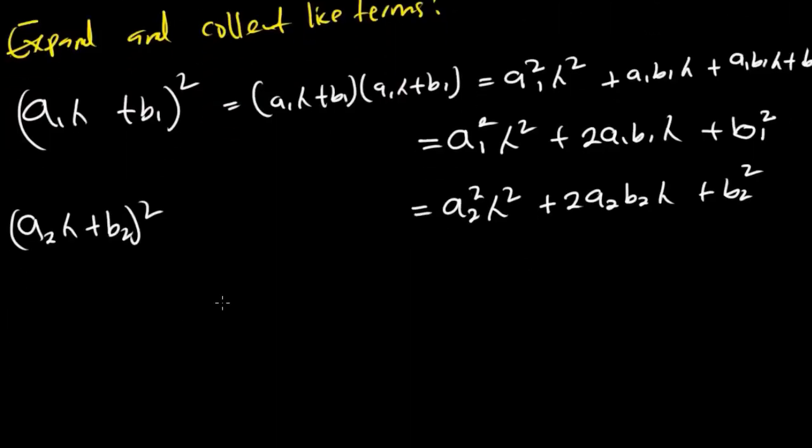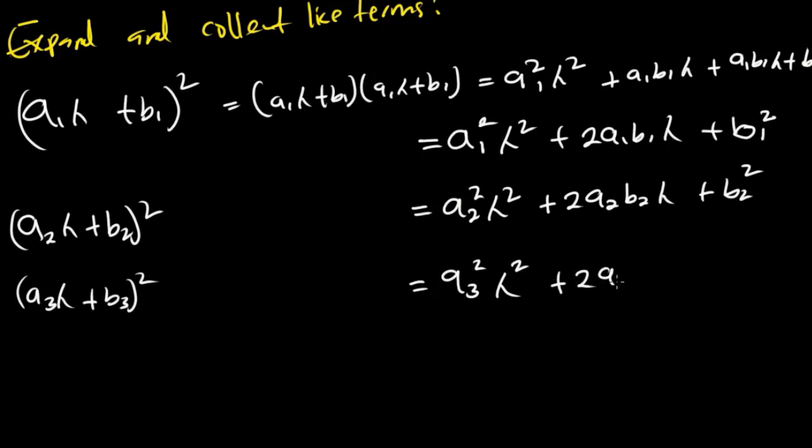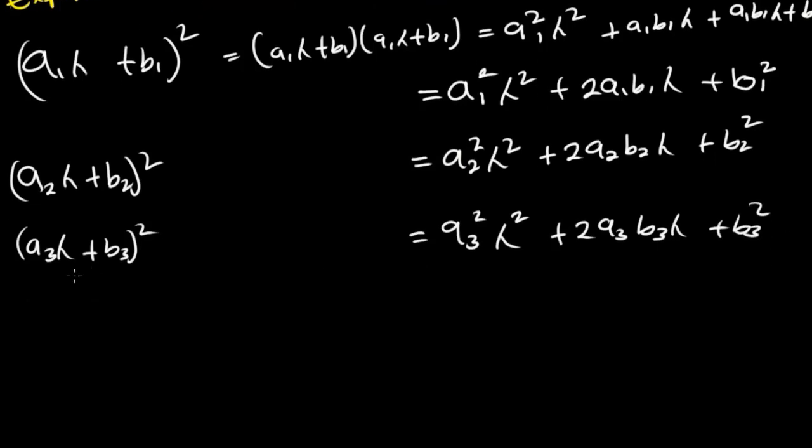So the third expression, (a3 lambda plus b3) squared, is also going to be a3 squared lambda squared plus 2 a3 b3 lambda plus b3 squared.